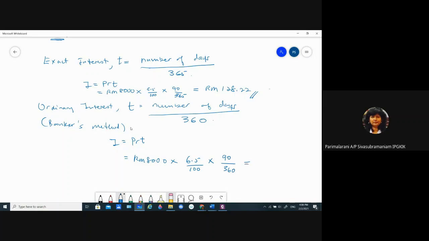So our interest is 130 ringgit. Which is more? Banker's method is more. So if the bank uses banker's method, it means they charge you more interest. So it's always better if they use the exact date. It is better for the borrower.